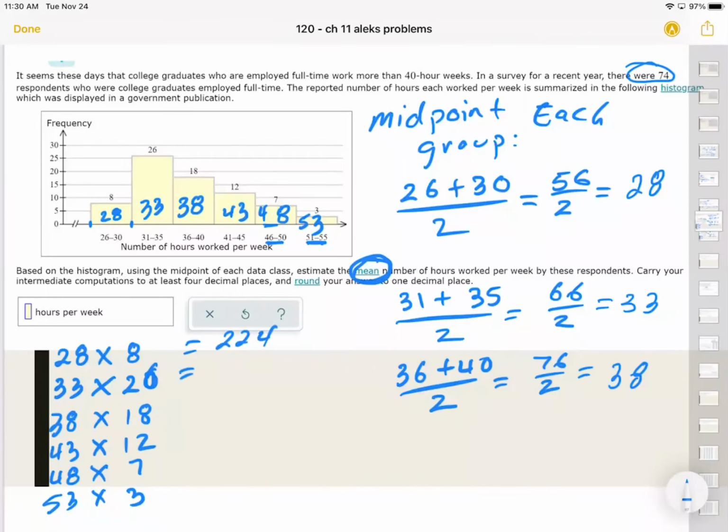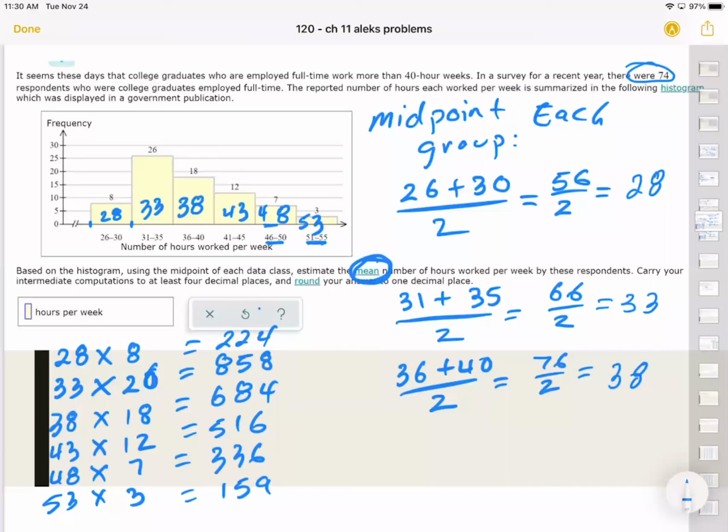33 times 26 should give you 858. And then 38 times 18 should give you 684. 43 times 12 will give you 516. 48 times 7 gives you 336, and 53 times 3 gives you 159.